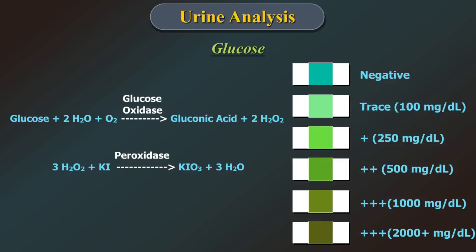Glucose. The test is specific to glucose using glucose oxidase peroxidase method. Glucose oxidase catalyzes the formation of gluconic acid and hydrogen peroxide from oxidation of glucose.